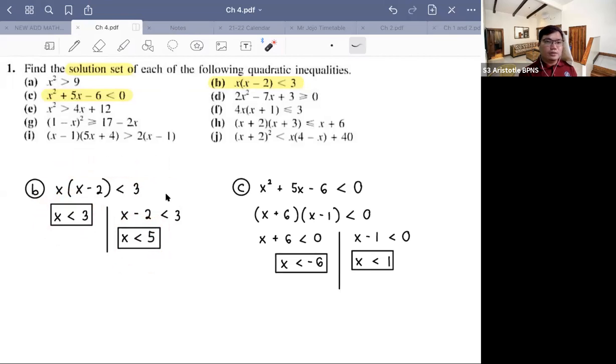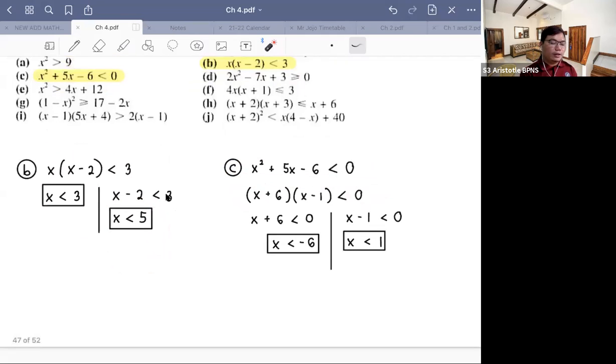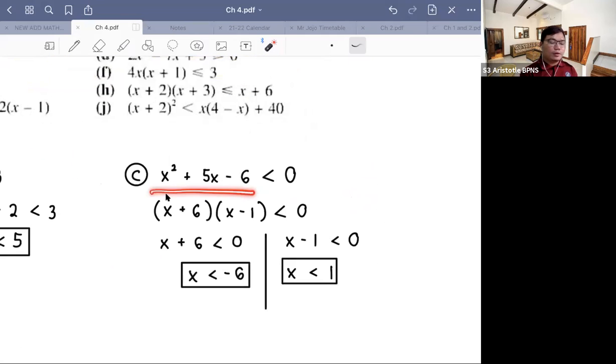Now for letter C, we are given x squared plus 5x minus 6 is less than 0. So how do you factorize this again, if you're given a trinomial like this? Again, product of negative 6, sum of positive 5.